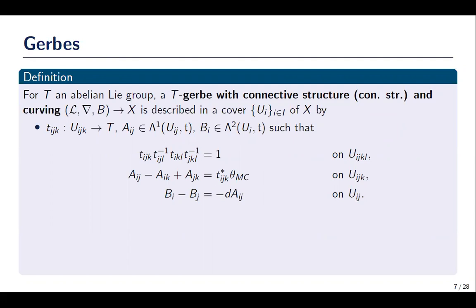And it's related to generalized geometry because you can associate an exact Courant algebroid to a gerbe with connective structure, but you have to choose one. And once I have this data, I can define the curvature of the gerbe, which is a global 3-form, defined in this way.